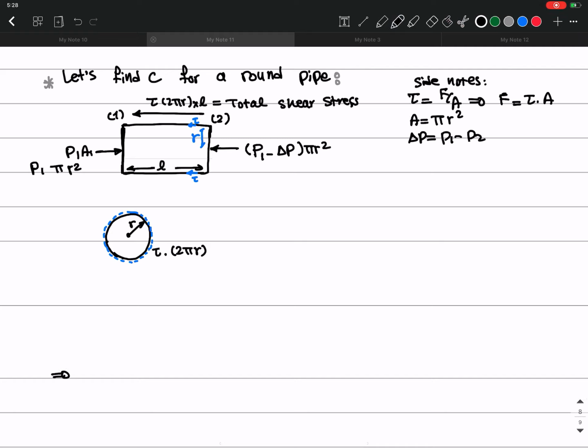So the sum of the forces here should be 0.